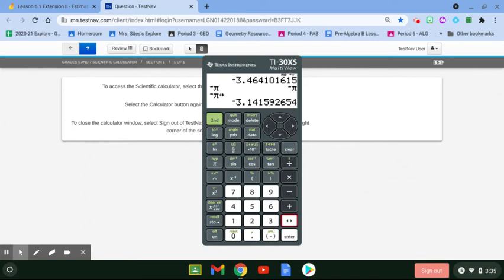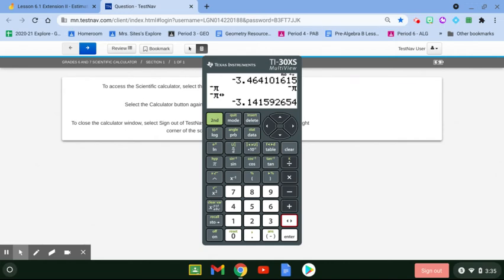Okay, but remember when we're on the negative side of things, the closer you are to 0, the better. That means you are larger. So if we're thinking about a number line where this is 0, this is where negative 3 is, this is negative 3.1, this is negative 3.2, negative 3.3, negative 3.4.